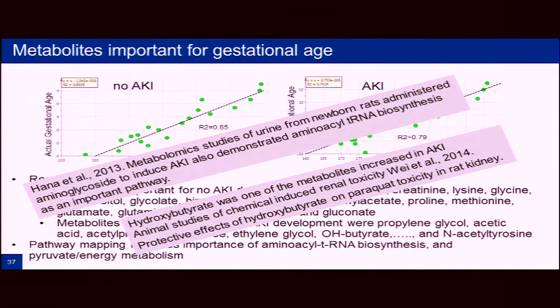And animal studies have shown that chemical-induced renal toxicity actually demonstrates a protective effect for hydroxybutyrate in the rat kidney. So not only can metabolomics show you what's going wrong, but they can also show you the compensatory responses of the system and things that may be actually protective to the system.